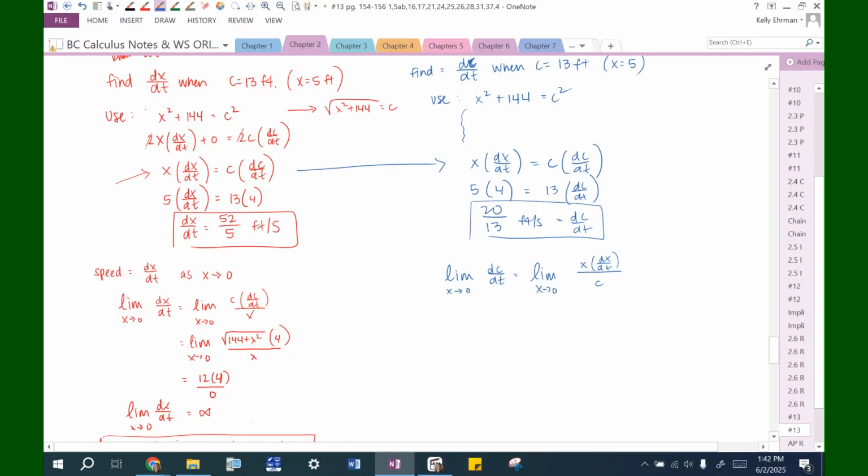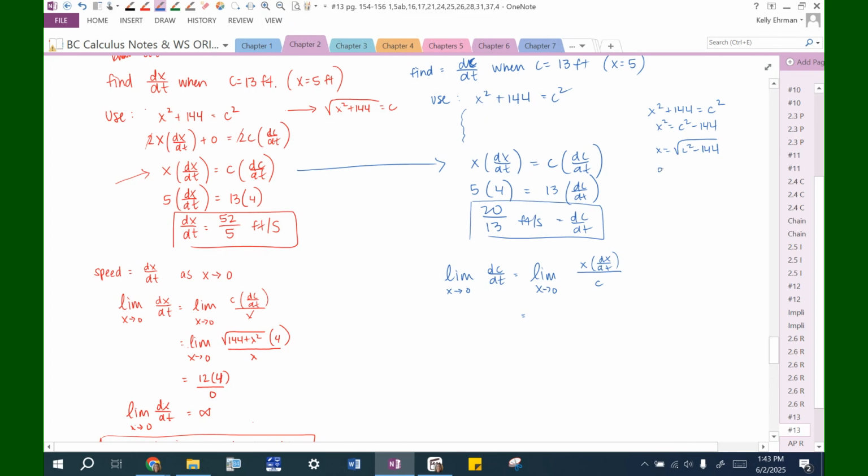And in this equation, dx/dt was 4. Now, again, I don't want to have two variables here. I want the variable to be c. And if I'm going to do that, then I don't want x to approach 0. If it's x squared plus 144 equals c squared, I want to get rid of the x, so I want to solve for x here. So x is equal to the square root of c squared minus 144.